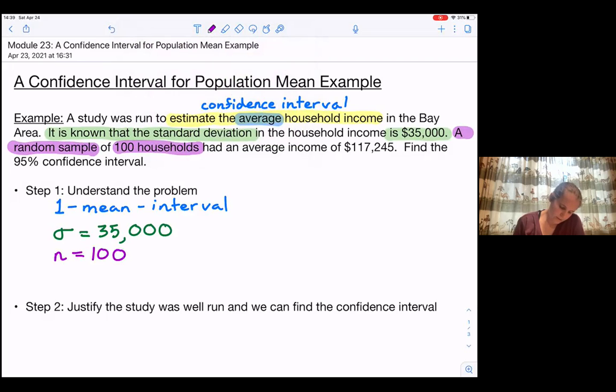We do have a random sample, and it's presumably drawn from the entire population.